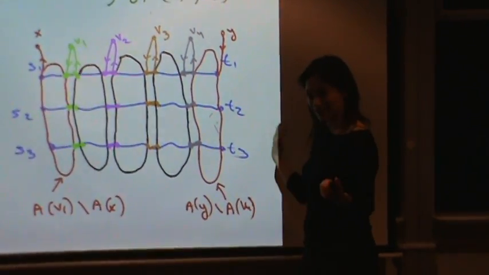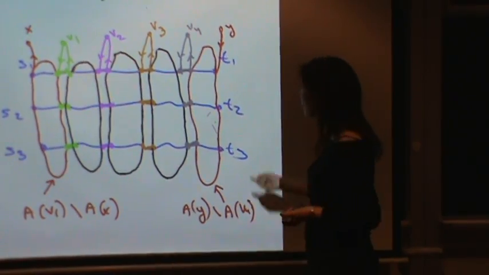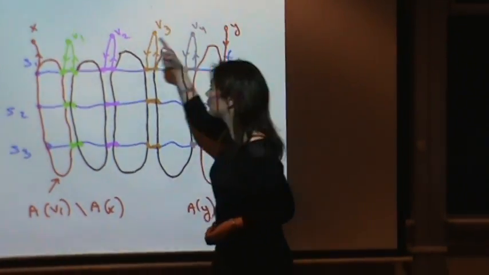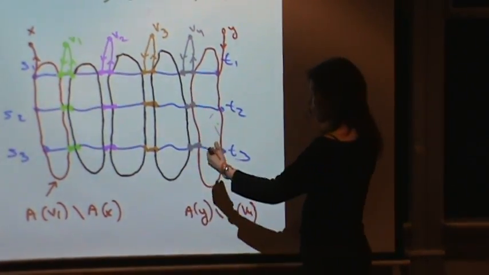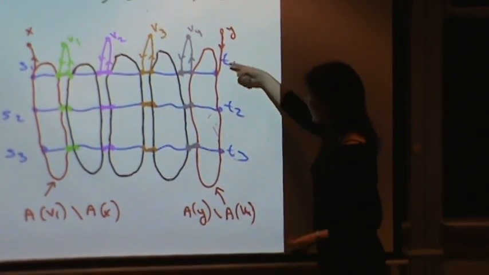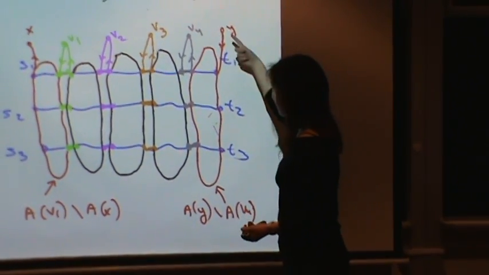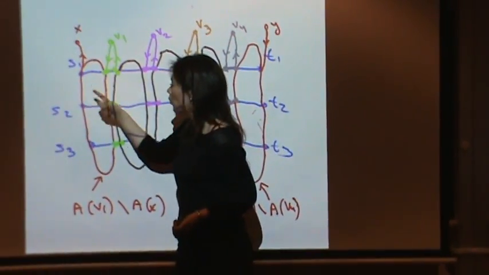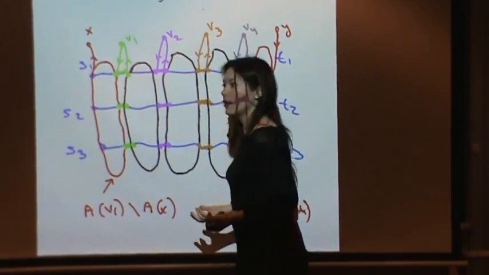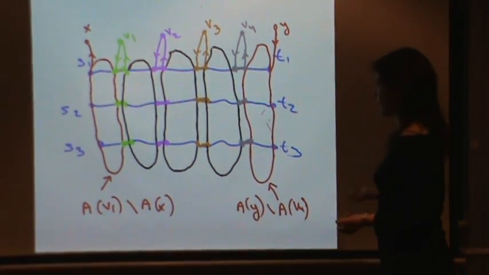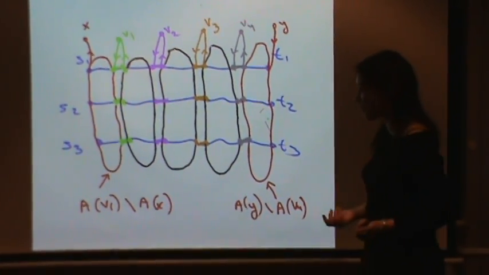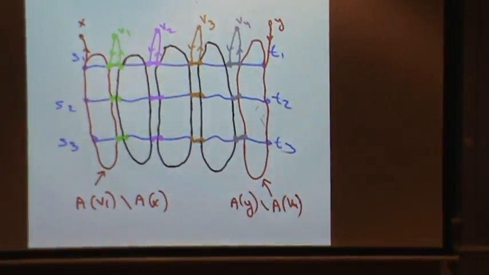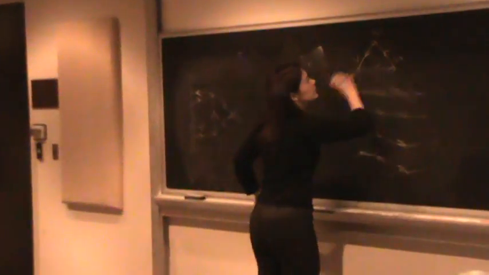But what does it have to do with my original problem? It's because I insist that the path goes from y to x. So if I find a path in the auxiliary graph, I'm guaranteed that the first vertex of the path is y and the last vertex of the path is x with those changeover places.